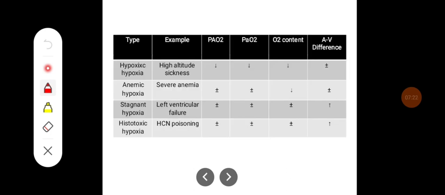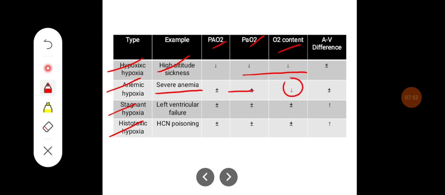This chart shows the differences in all four types of hypoxia, that is hypoxic, anemic, stagnant, and histotoxic hypoxia. Hypoxic hypoxia can occur in high altitude sickness, where the partial pressure of alveolar and arterial oxygen and oxygen content are reduced. In anemic hypoxia, for example severe anemia, the alveolar and arterial PO2 are normal, but oxygen content is reduced.